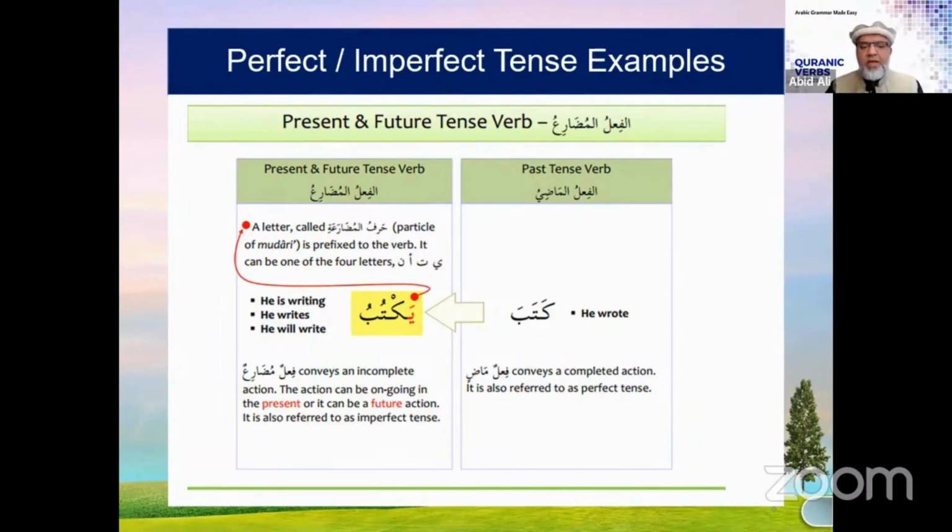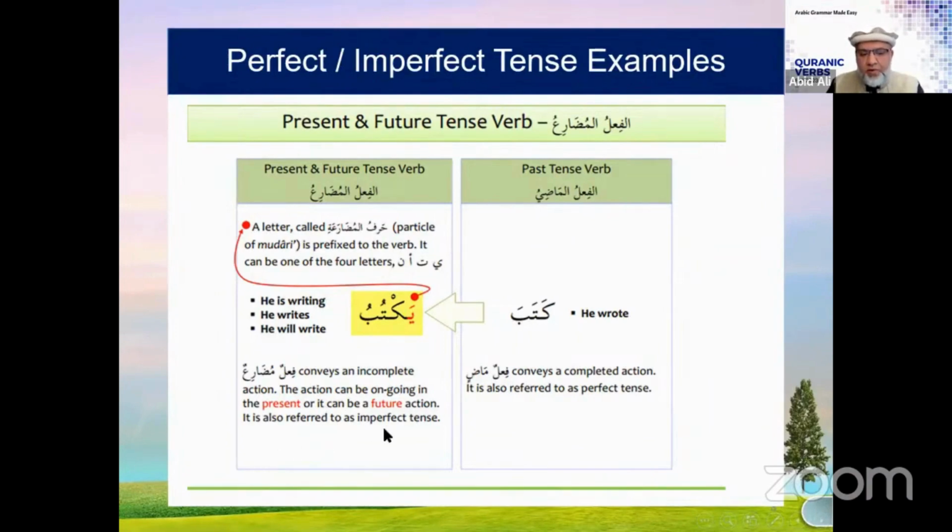So another name for Fi'l al-Mudare or present future tense is imperfect. What is it known as? Imperfect tense. So Fi'l al-Mudare conveys an incomplete action. The action can be ongoing in the present, or it can be a future action.